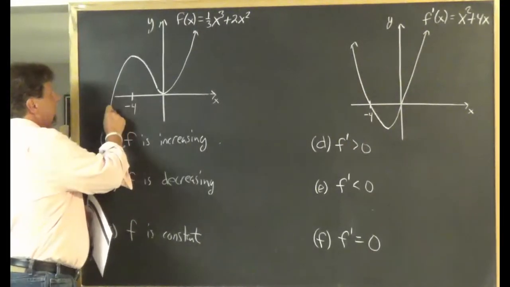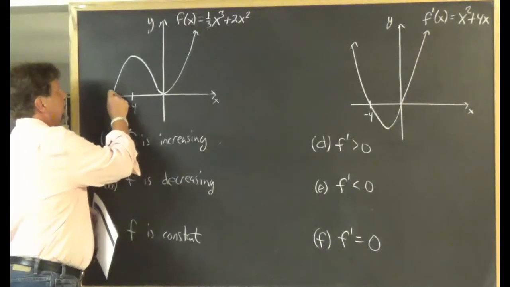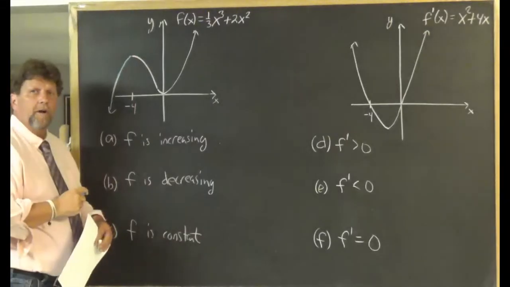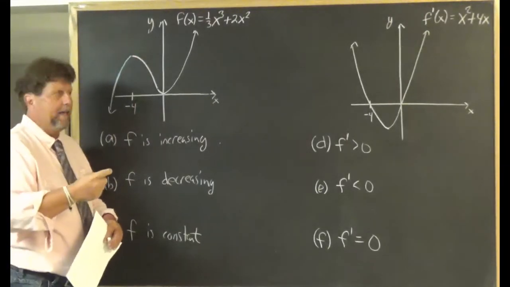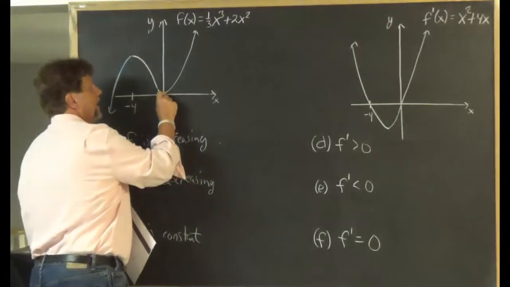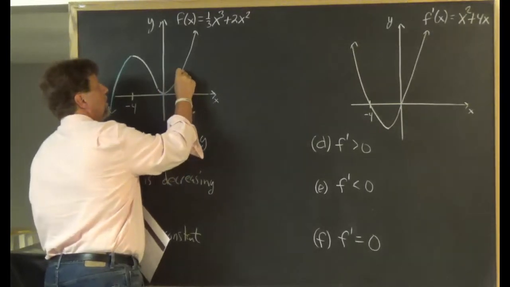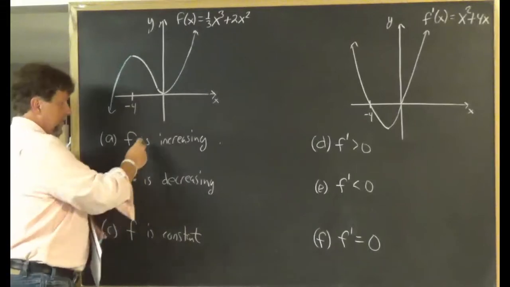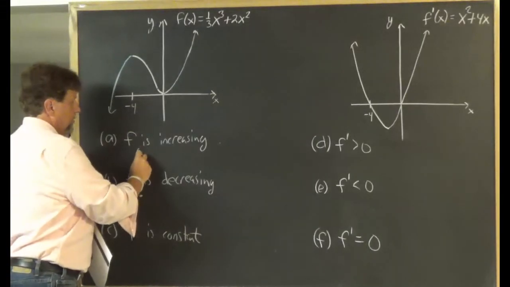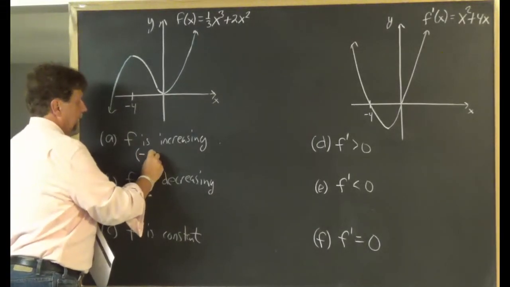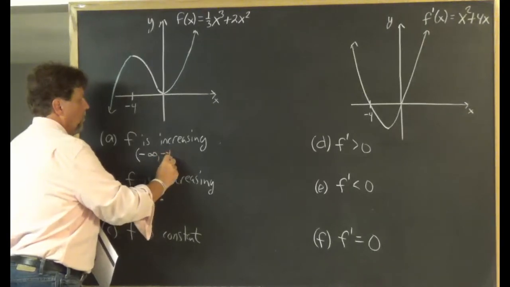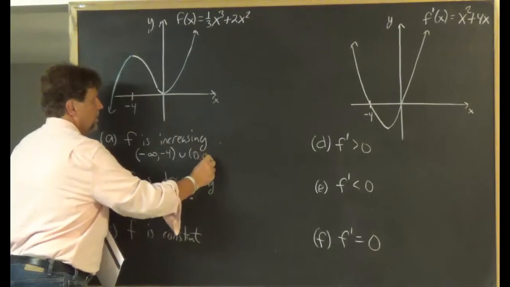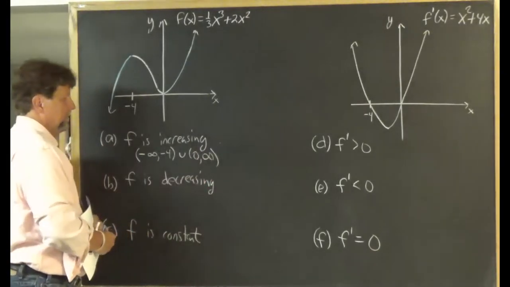It looks like it's increasing from negative infinity to an x value of -4, and from an x value of 0 to infinity. So it's increasing on the interval negative infinity to -4, union with 0 to infinity.